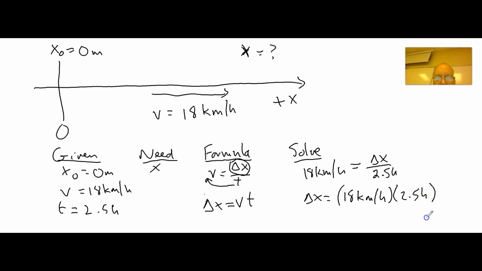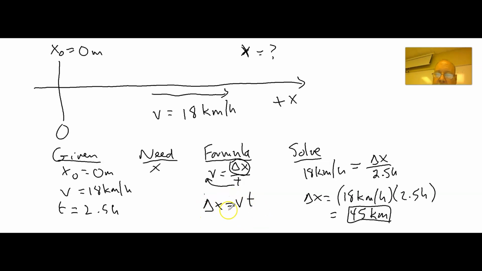and that's going to be 45 kilometers. Okay, so it doesn't matter to me. You can continue to do problems where you plug values in before you isolate the variable that you want.